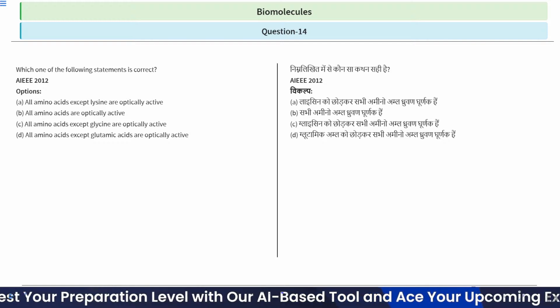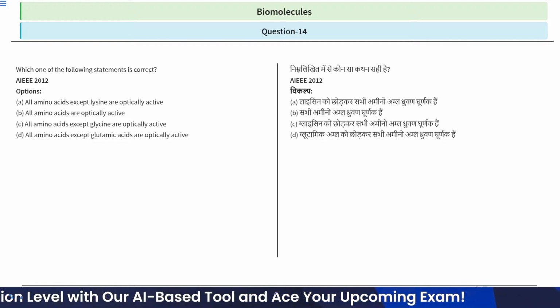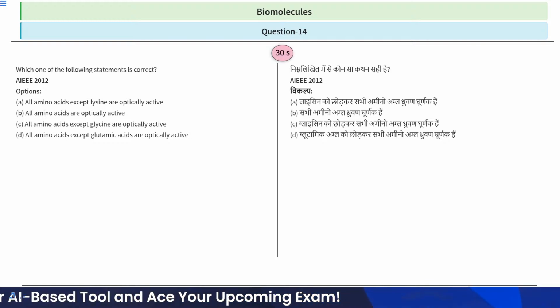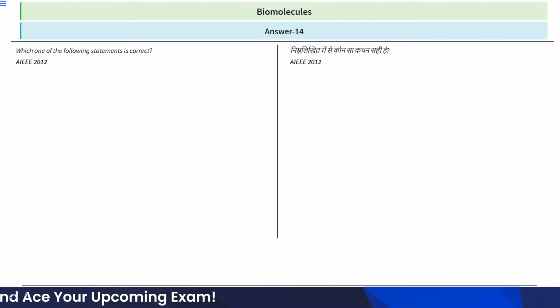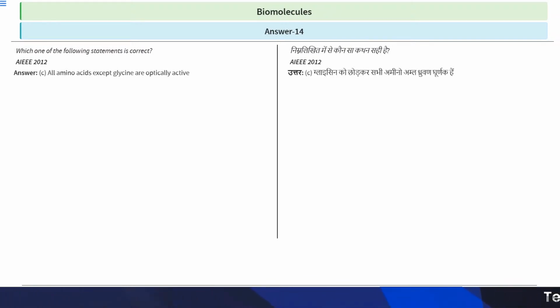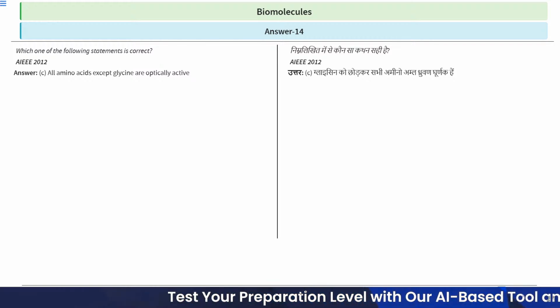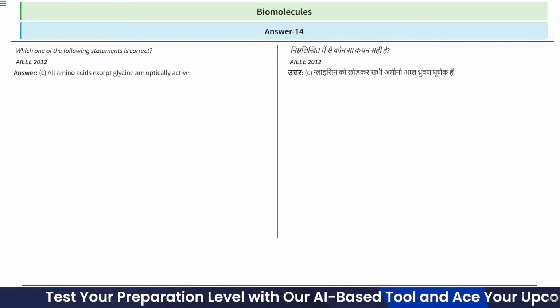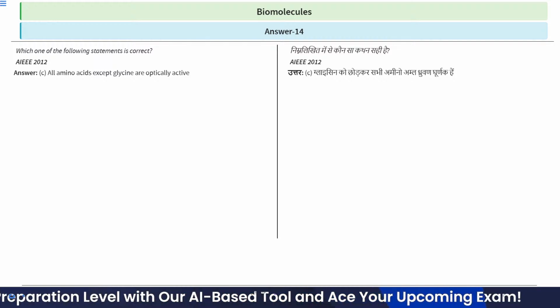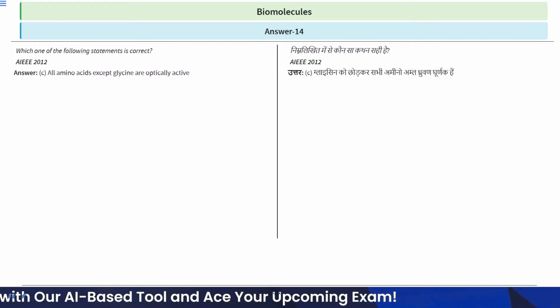Okay, let's see. So the correct answer for the given question is option C, that is all amino acids except glycine are optically active. That means every amino acid except glycine is optically active.